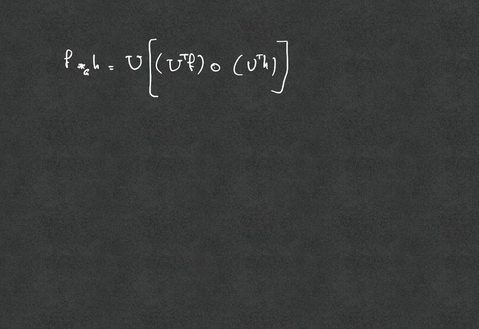So this is for the inverse Fourier transform, and this is for the Fourier transform of f, pointwise operation, Fourier transform of h. Note that U is the matrix of eigenvectors of the Laplacian.